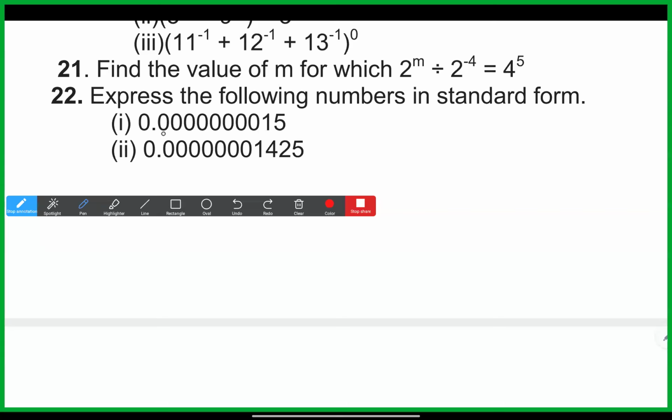So 1, 2, 3, 4. You have to shift the decimal here, in such a way that before the decimal, finally one non-zero digit should come. Non-zero means anything other than zero.